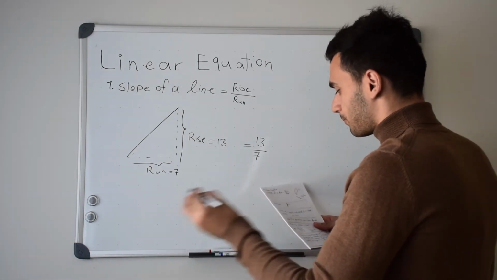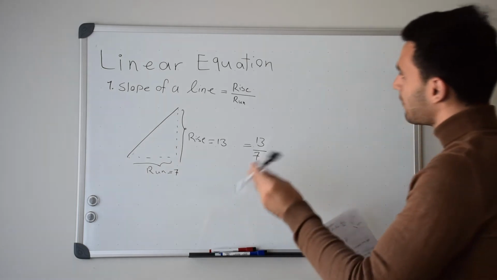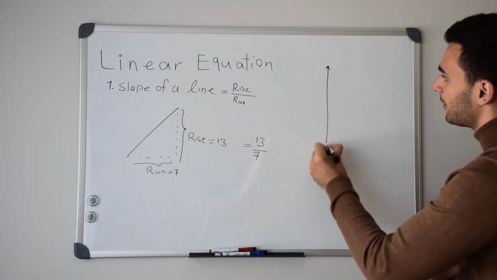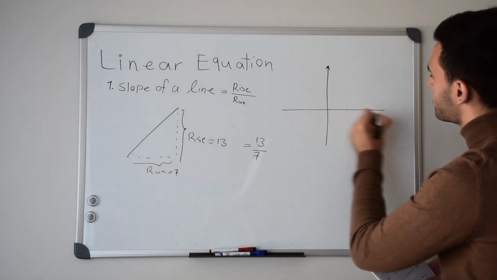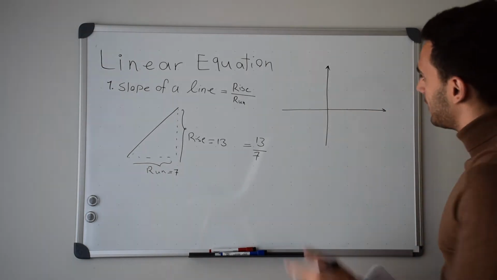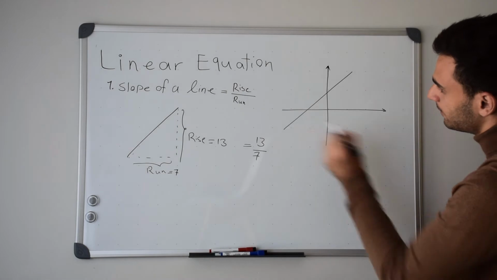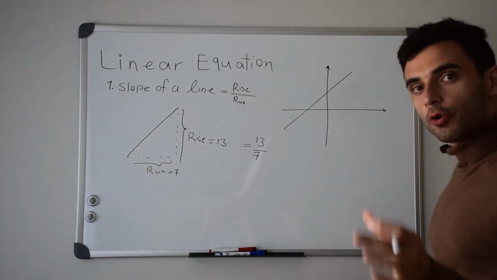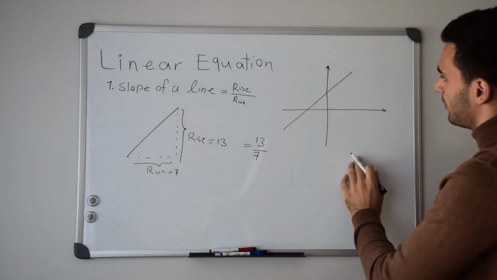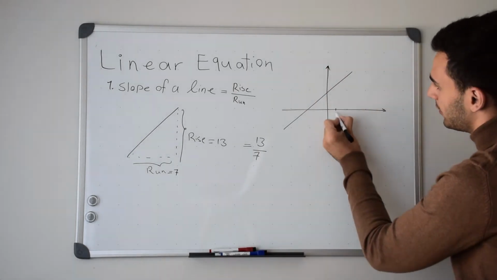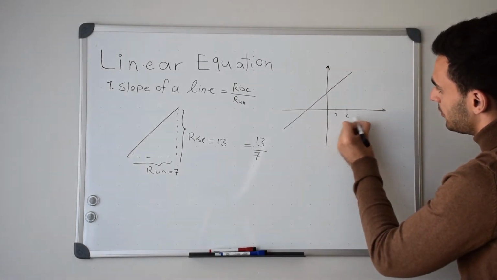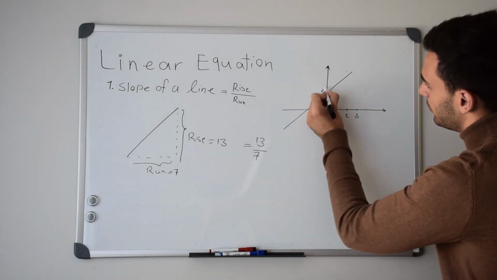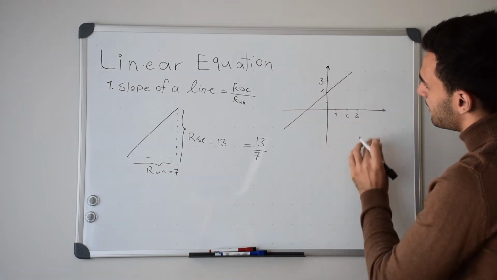So one example is that, let's say we have a coordinate plane here, right? And there's a line. Now we have 2 points on this line. Here 1, 2, and 3.